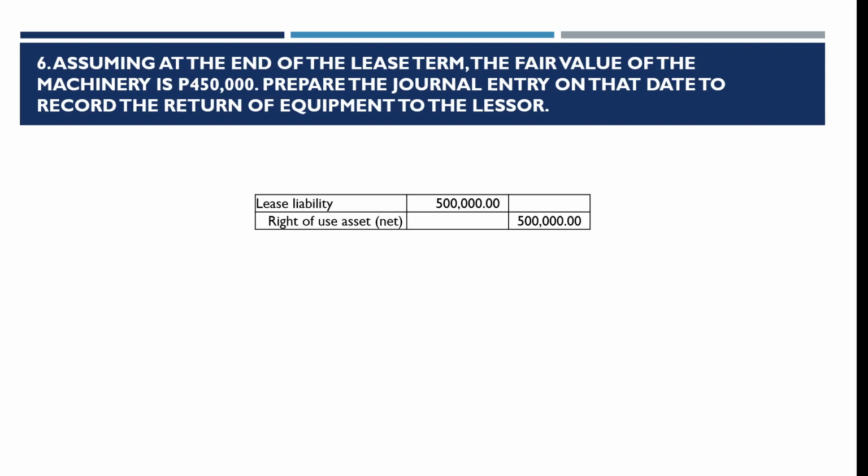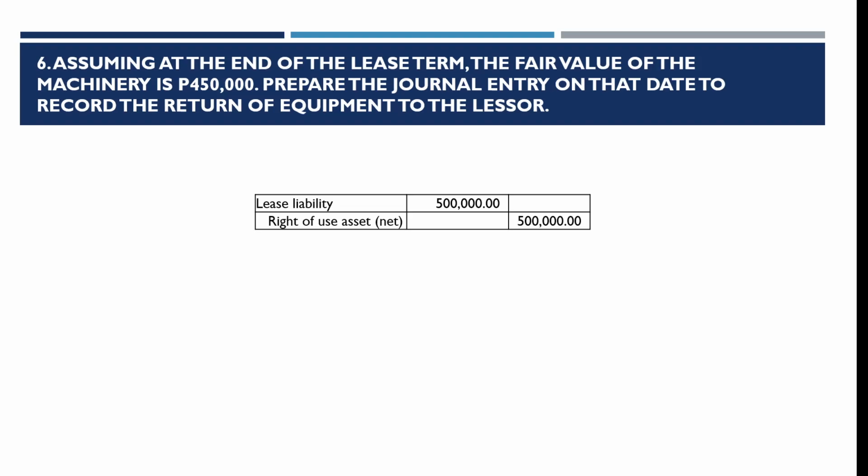Pero, ang catch dyan, class, it's ganito. Magkano guaranteed? 500,000. Sinigurado mo kay lessor na ang magiging value ng lease asset is 500,000. Eh, magkano ngayon ang fair value niya? 450,000. Tama? Since sinigurado mong 500,000 yun, pero nagkulang ang actual fair value, anong gagawin ni lessor kay lessee?